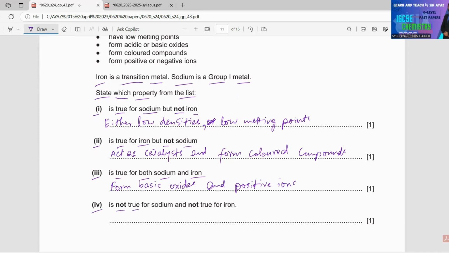Number 4 is not true for sodium and not true for iron. So which property? They do not form negative ions as well as acidic oxides. Form acidic oxides and negative ions.